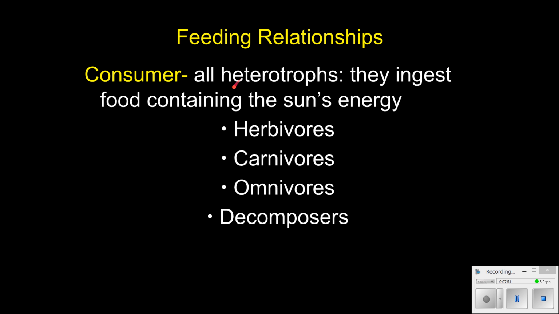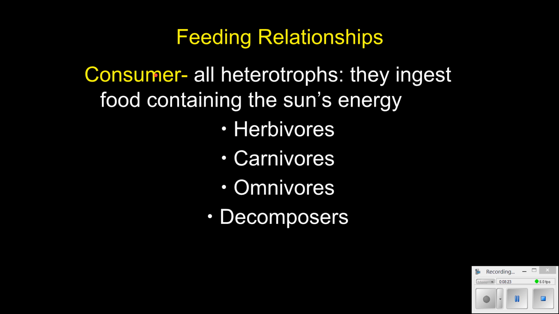Consumers are called heterotrophs because they don't make their own food, they consume their food, or they ingest food from other organisms, or they might actually be those organisms. And so if they're eating other organisms, those can be anything from herbivores to other carnivores, but at some point, the sun's energy was involved, okay? Take an herbivore, for example.